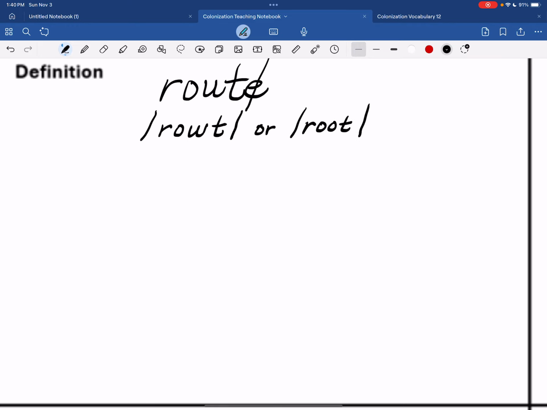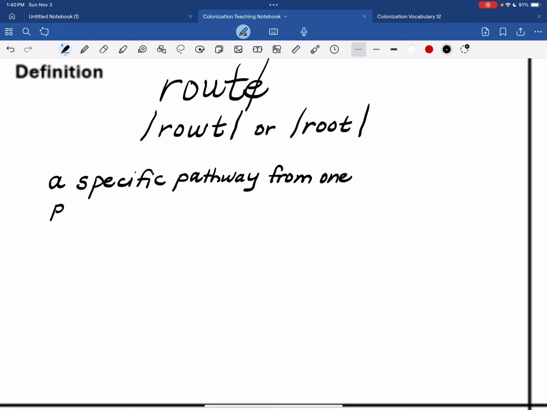Let me give you the definition before we jump to our picture. The definition of a route or a route is a specific pathway from one point to another.